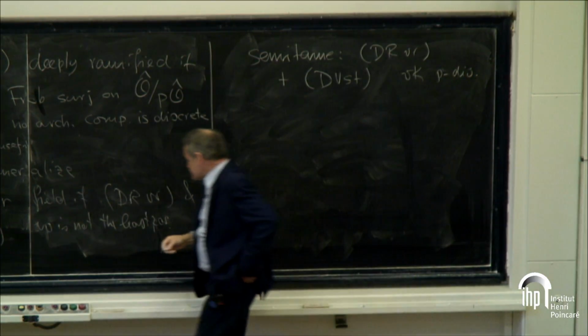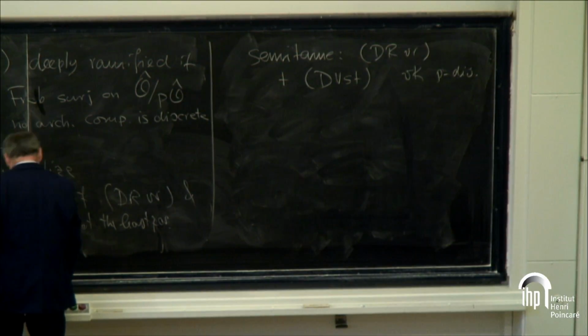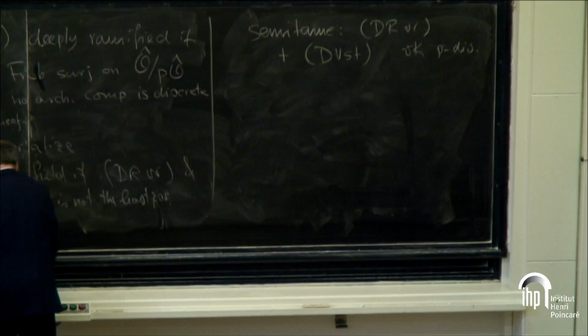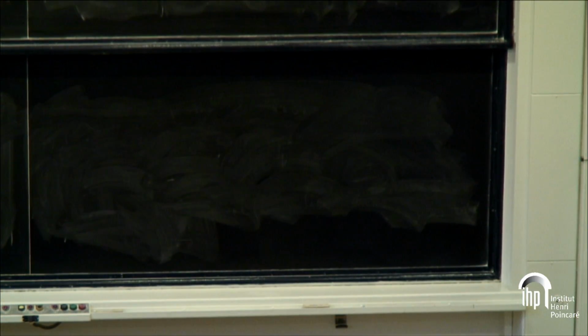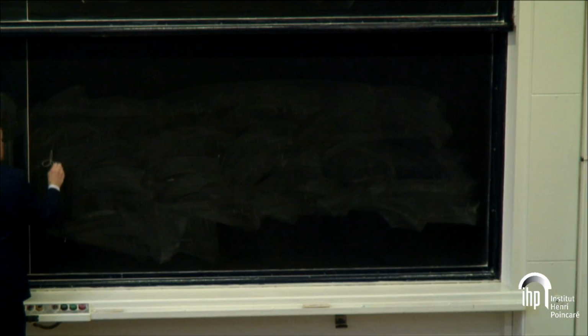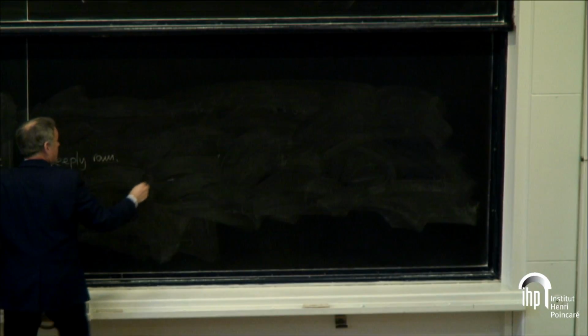Okay, and well, then we have separably tame, semi-tame, deeply ramified, and GDR.